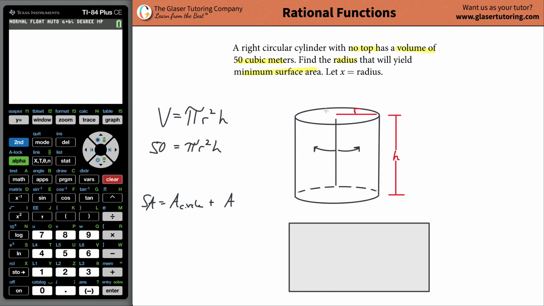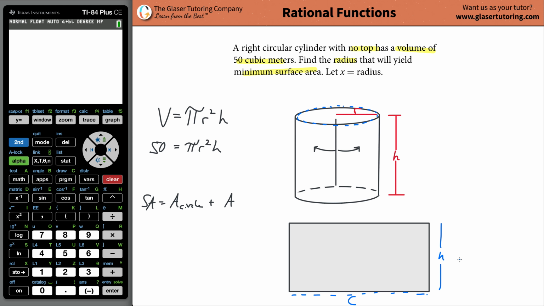The length of that rectangle is equal to the circumference of the circle at the top or the bottom. And the height of the rectangle is really the width, the height on that side.